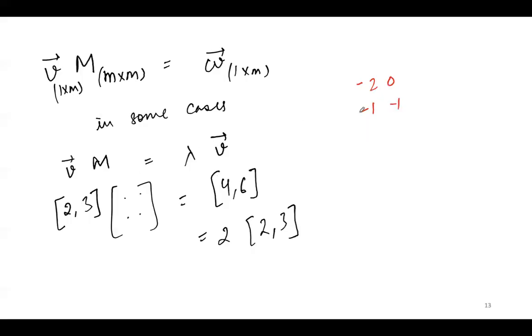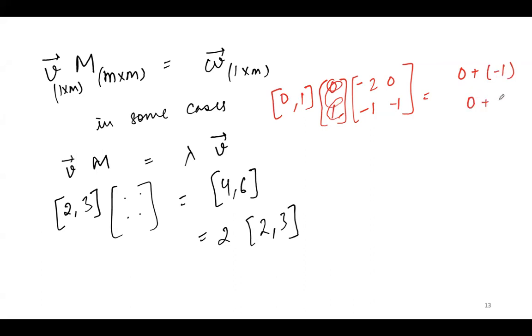Now, if we multiply these, we're going to write it like this. So 0 plus -1 and 0 plus -1.